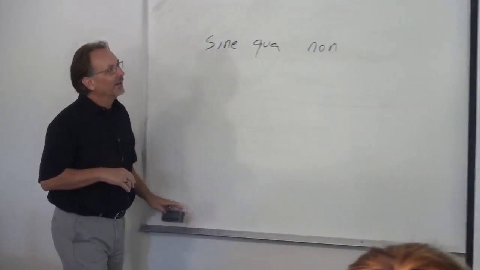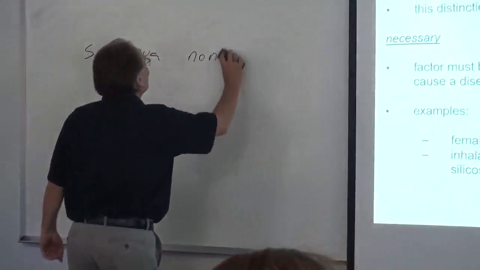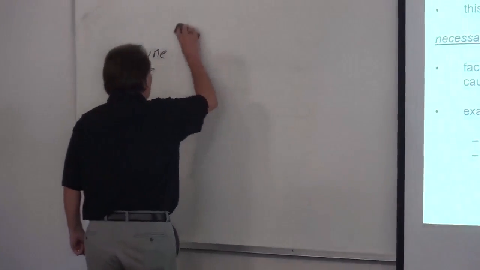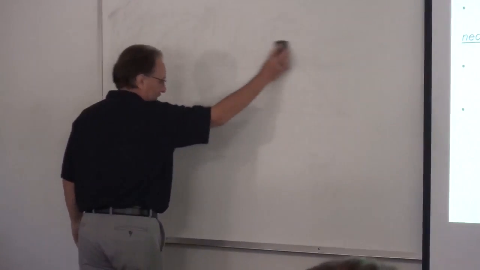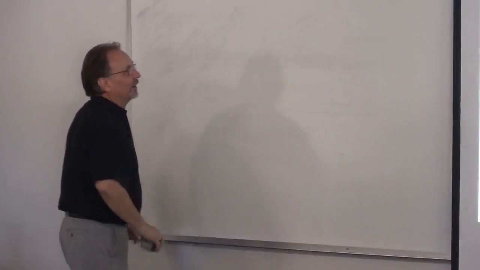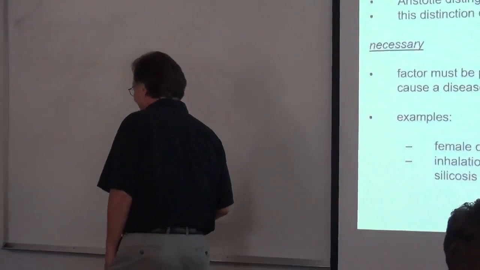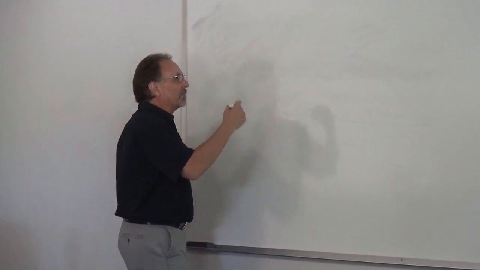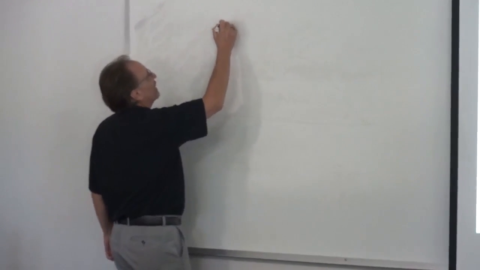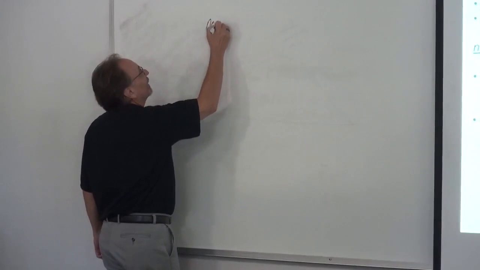Now, let's finally get into some philosophy and logic. Because Aristotle talked about necessity and sufficiency. So again, I'm going to try to supplement this with a chart and see how successful it is. Okay.